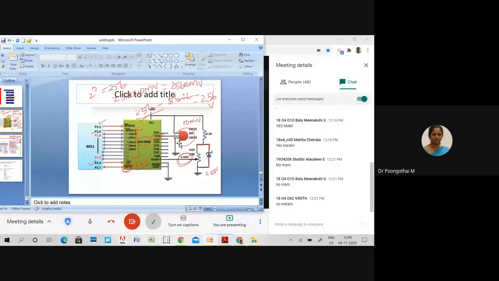That's all. The remaining circuit connections will be the same. So what is the first step, students? Which channel is selected here?